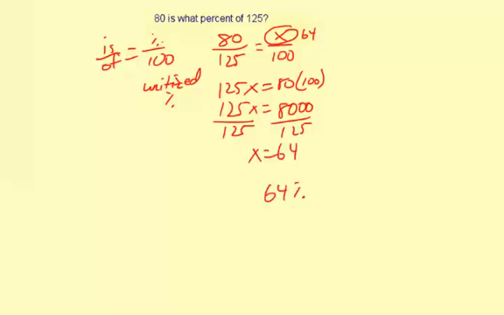Okay, so what that means is instead of 64%, you're going to have an equation where it would be is over of equals 0.64 in this case if we're using these same numbers. And the is would be the 80, and the of is the 125.